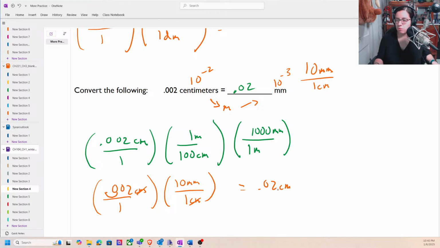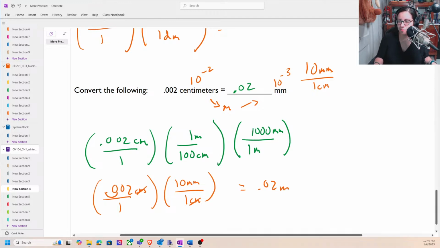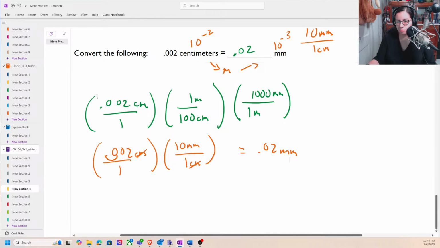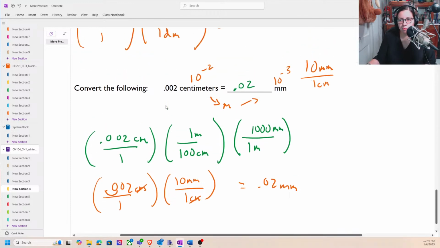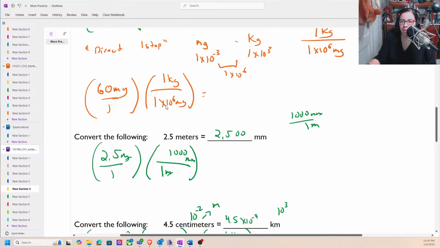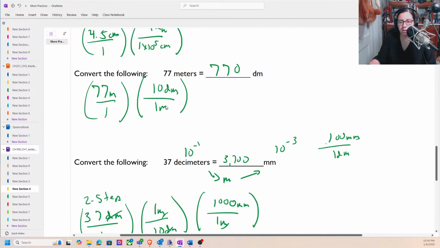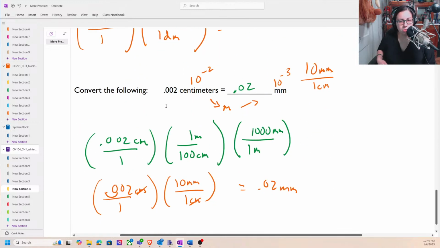Oops, I should write the correct units. 0.02 millimeters there. So this is a good basis, right? So again, these were all metric centered practice, but towards the future, we'll be, of course, practicing and applying this with other units.